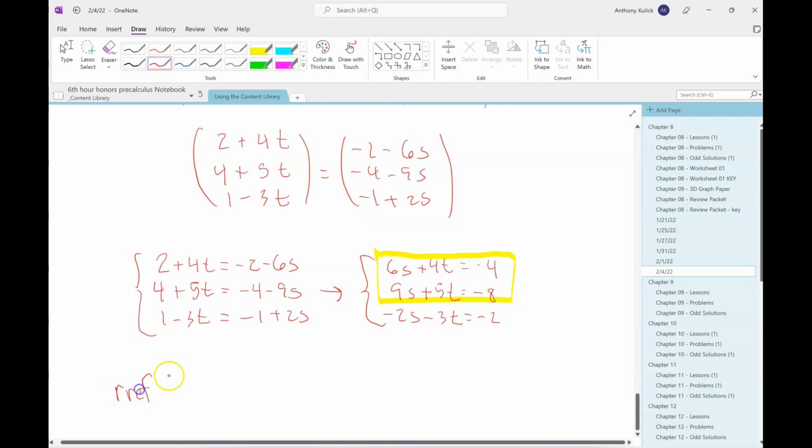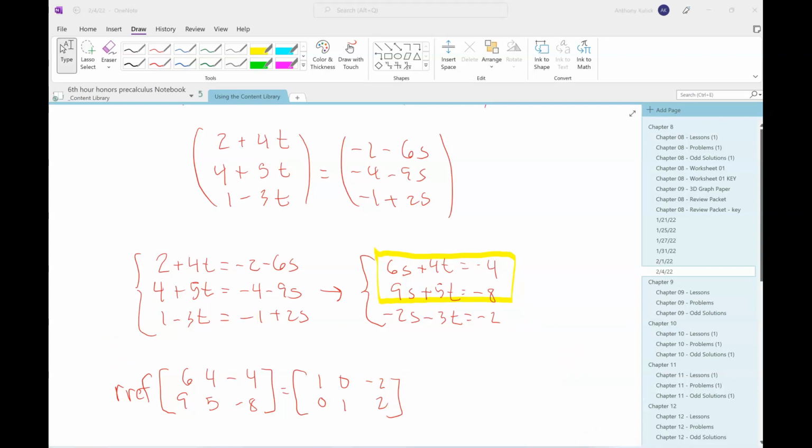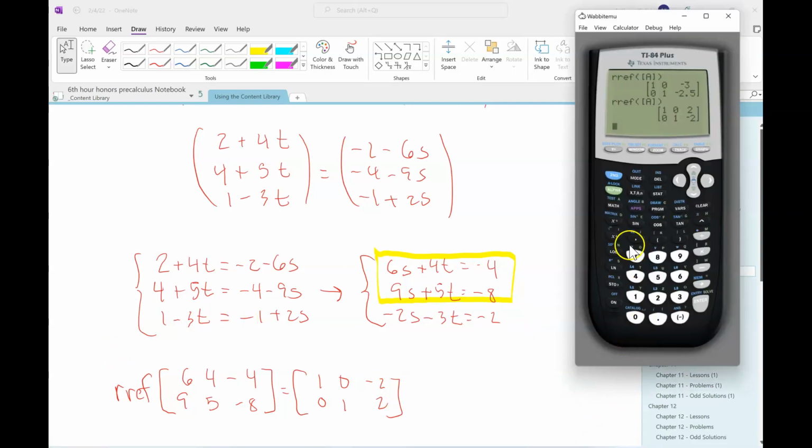So remember, to solve this system, we're going to use our calculator to create a matrix. Just to review how we do that again.